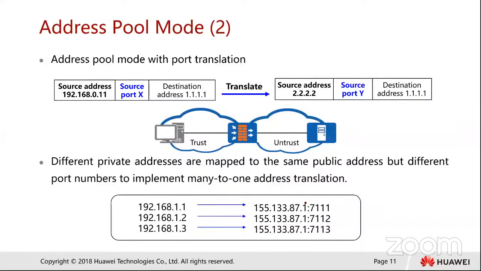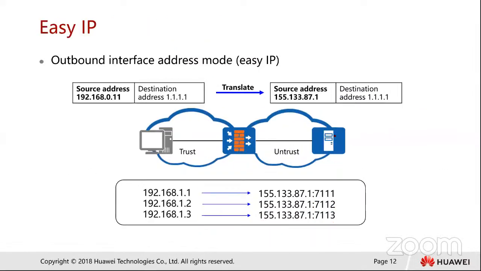We have one address, this one that you can see, but we are just translating our port numbers to access the internet. So these private IP addresses are using NAT pool mode with port translation to access the internet, as you can see in the illustration.